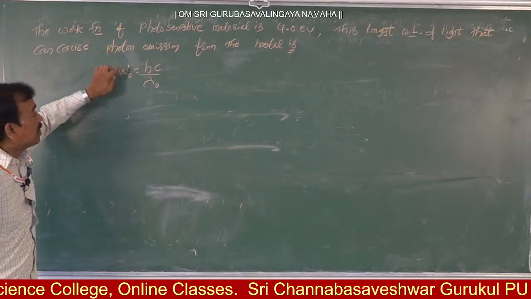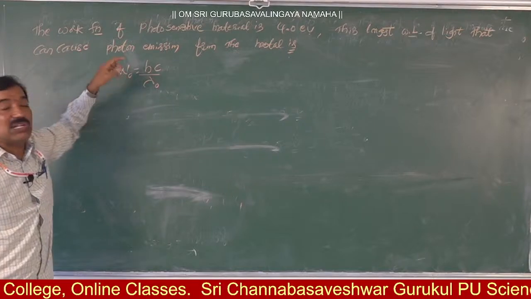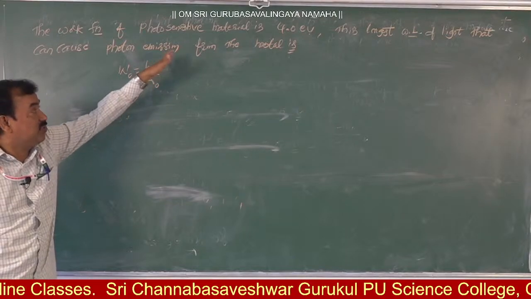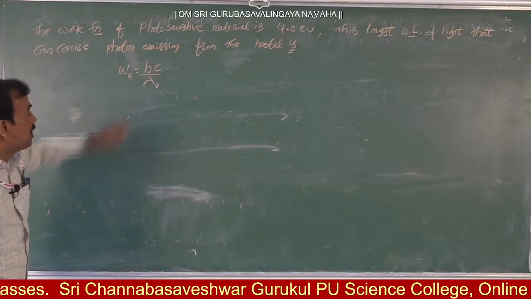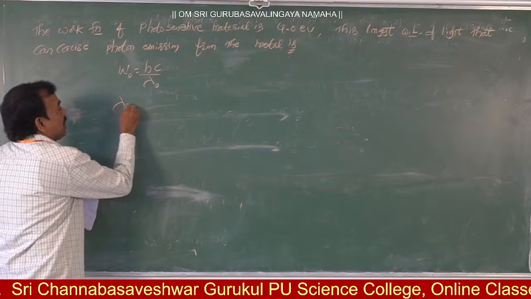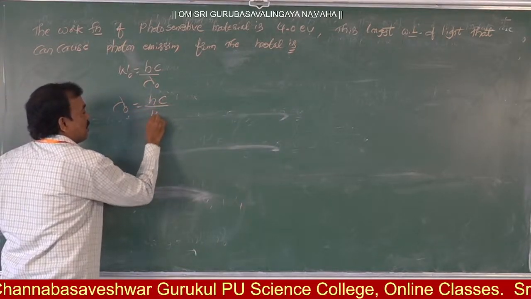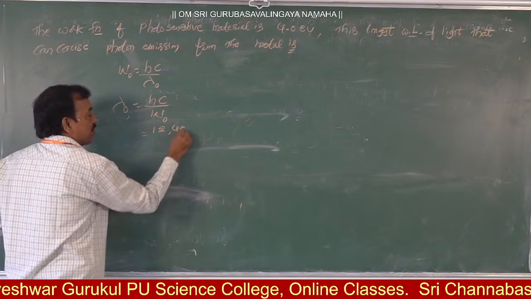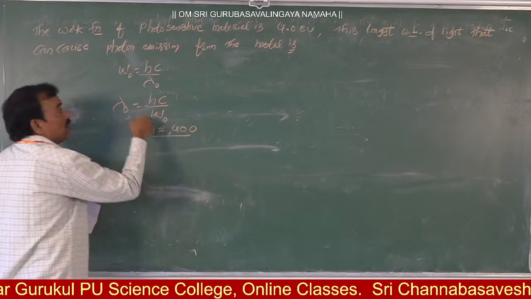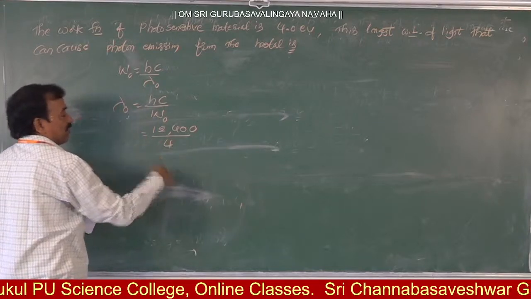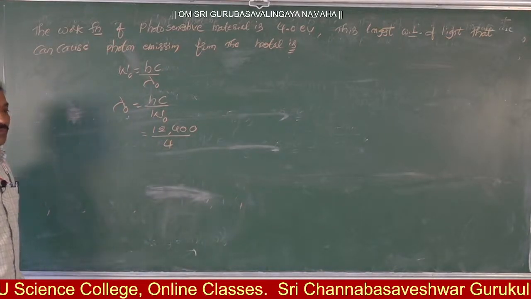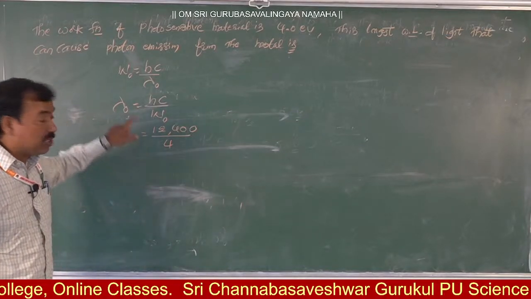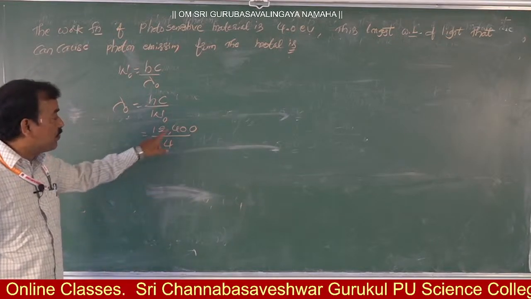In this question W naught is given in electron volt, very simple. So lambda naught is equal to hc by W naught. Here hc is equal to 12,400 electron volt angstrom, and W naught is 4 electron volt. The answer must be in angstrom units. So 12,400 by 4.